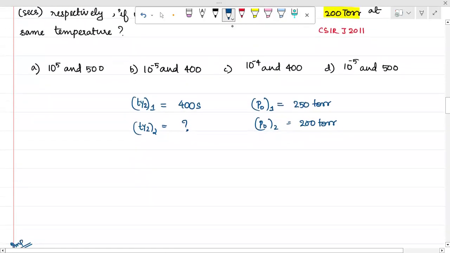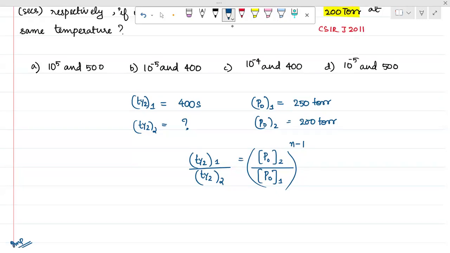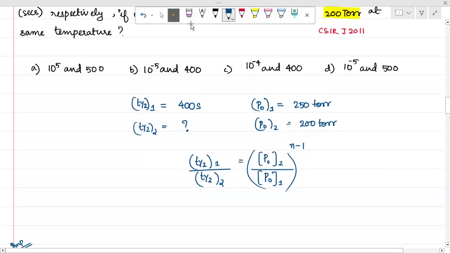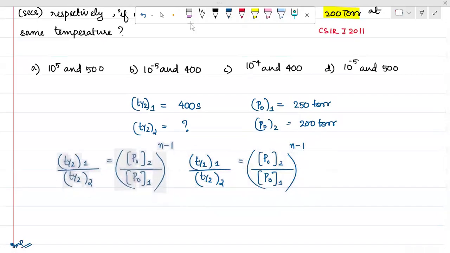Now we already know the relation between T halves and the initial concentration. What is that? T half 1 by T half 2 is equal to the initial pressure for the second experiment divided by the initial pressure for the first experiment, the whole raised to n minus 1. They have already given that it is a second order reaction. Correct?